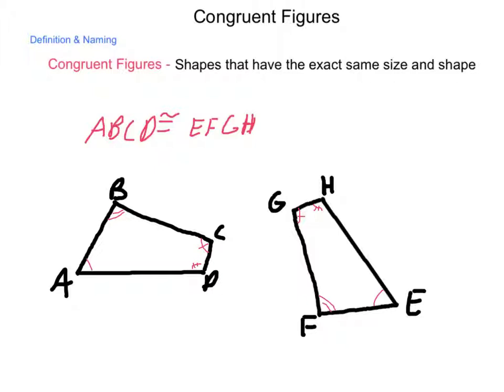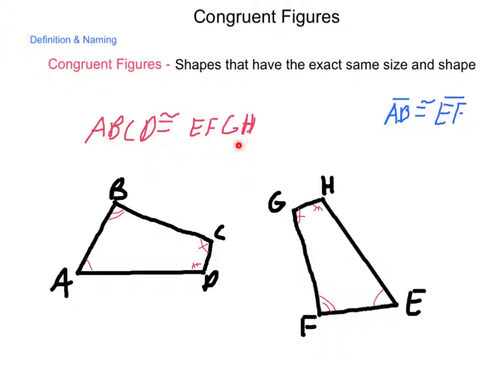With this, I can take my vertices in pairs and say that line segment AB is congruent to line segment EF because they're simply listed in that order. So BC would be congruent to FG, CD congruent to GH, and DA would be congruent to HE simply by looking at their locations in the ordering and listing of the congruence.